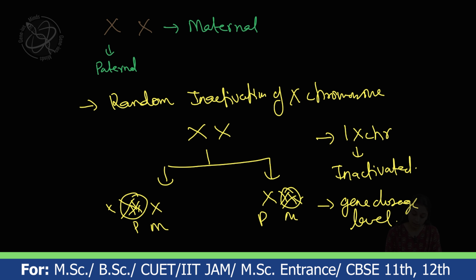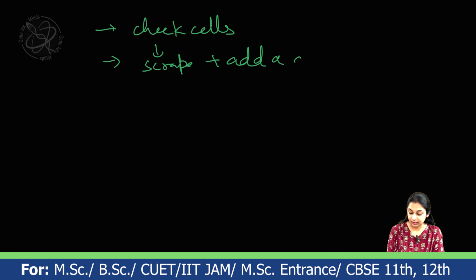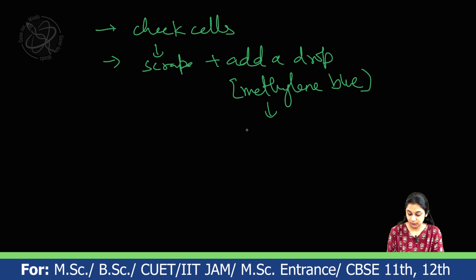The third component is how we are going to see the Barr body under the microscope. We can use cheek cells as the source. We just need to scrape cheek cells and add a drop of dye. You can use methylene blue to observe the Barr body, and then observe it under the microscope at 40x magnification.